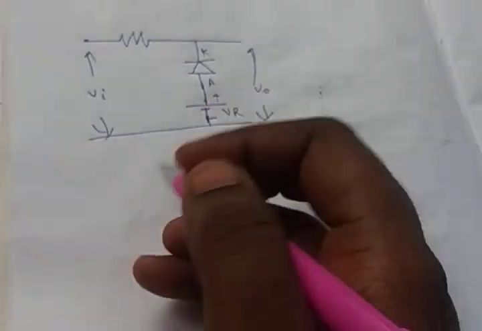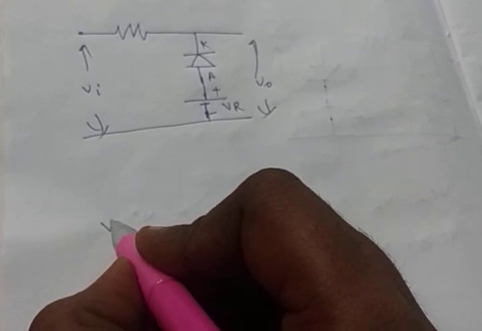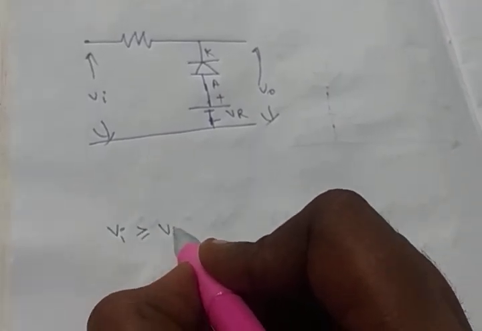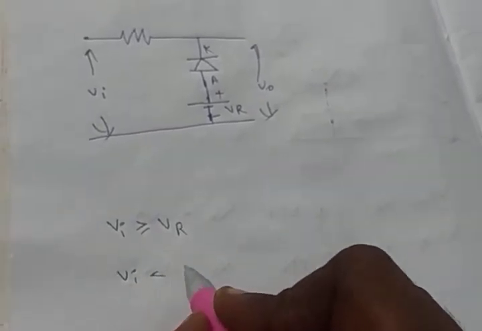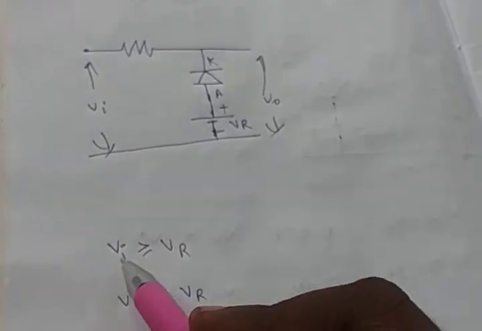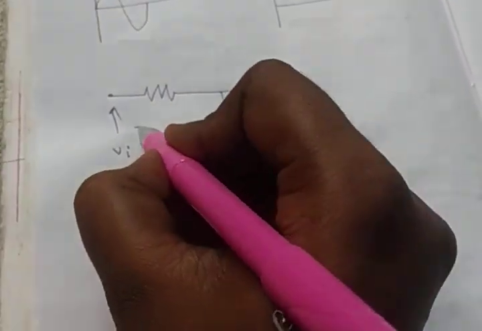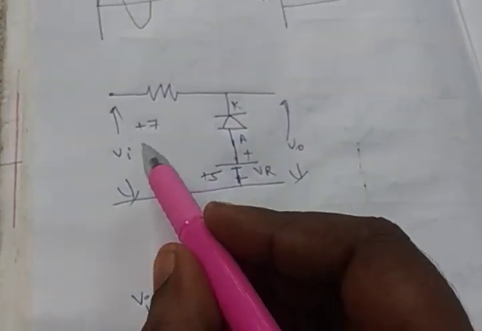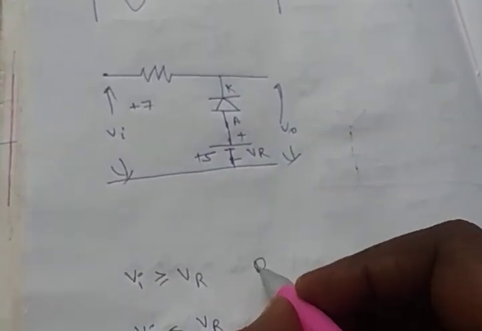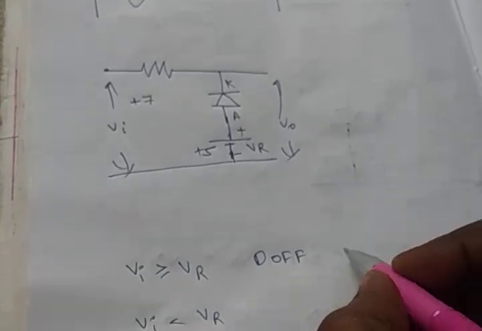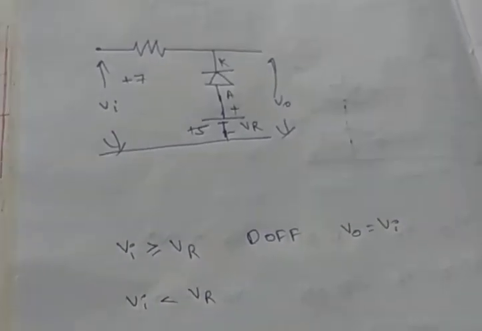So let's see the operation, for Vi greater than or equal to VR, and for Vi less than VR conditions. For Vi greater values, with a fixed voltage of 5, for greater values like plus 7, it is more positive, so the diode will be in off. So output will be equal to input.